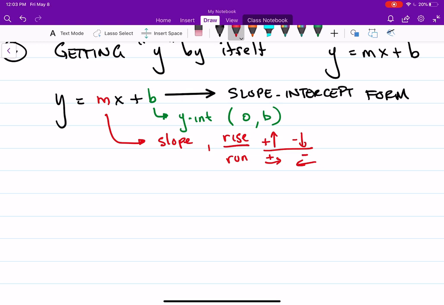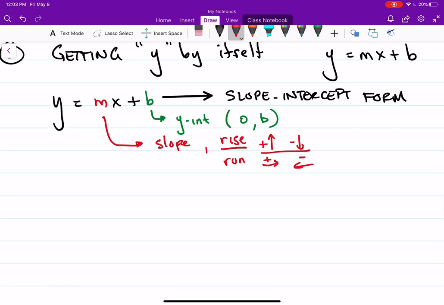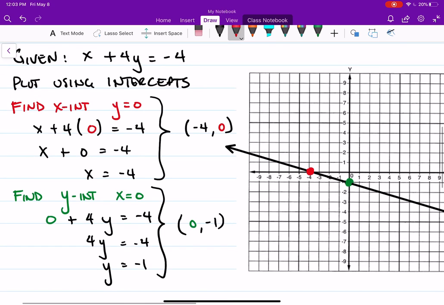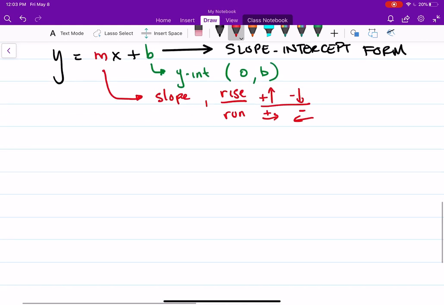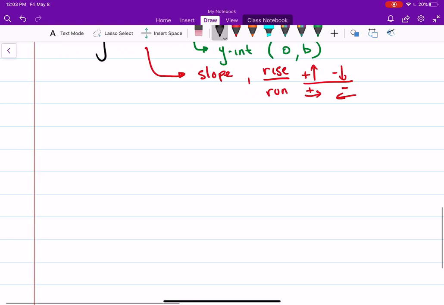Okay, so let's do an example of that. Actually, let's do the same problem. All right, so given x plus 4y equals negative 4. Okay, so I want to get y by itself.